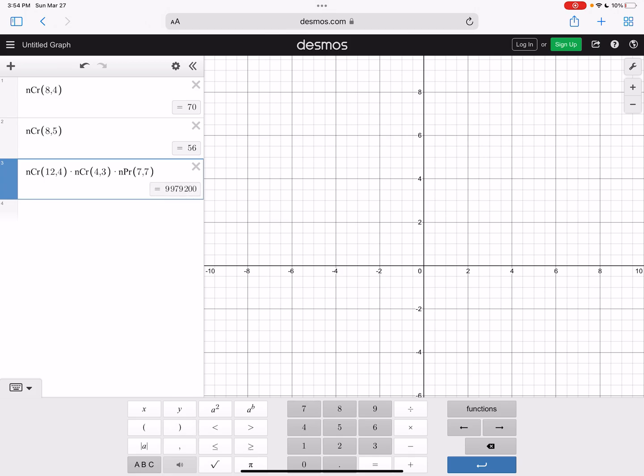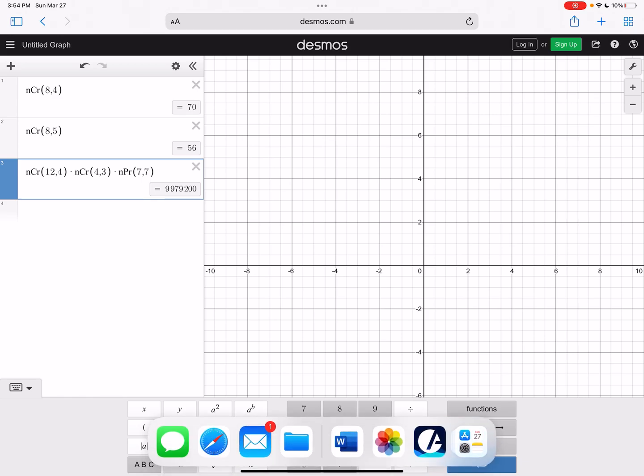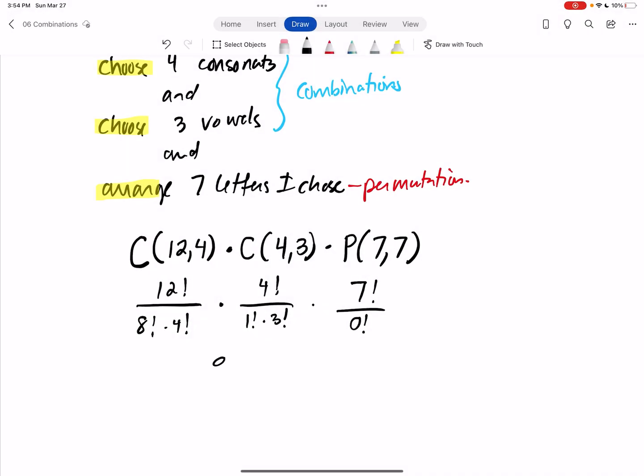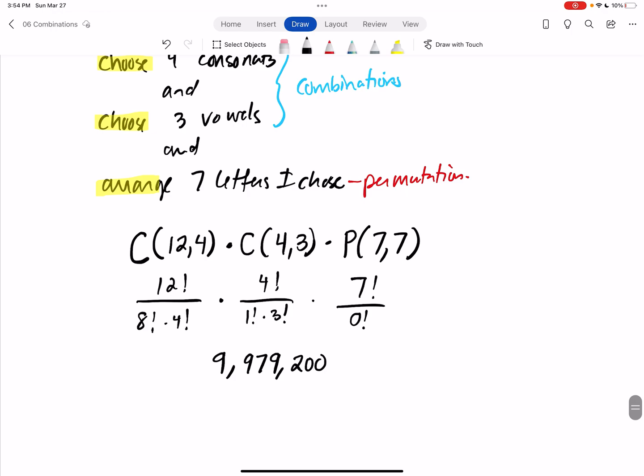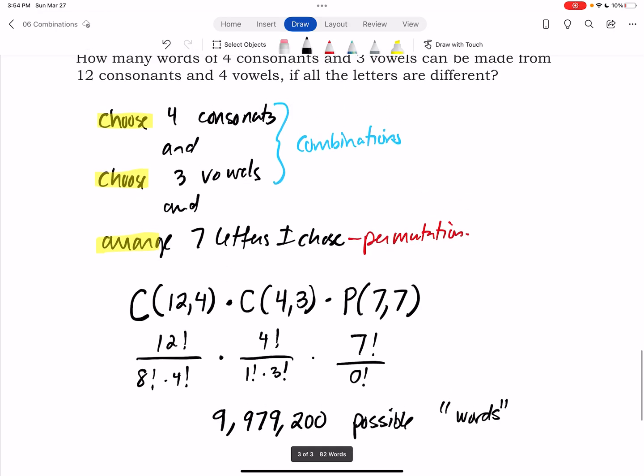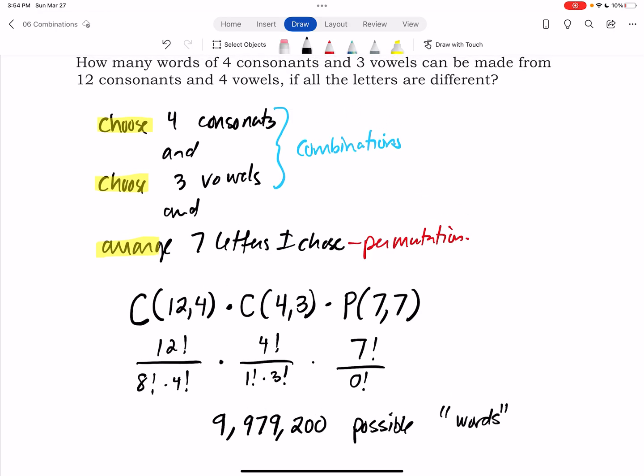So 9,979,200 possible words. And we use that word words lightly because they might not all actually be words in the English language. So I want you to think about breaking down your problems into ands and ors, determining if each part is a permutation or a combination, and then how do you combine them together.